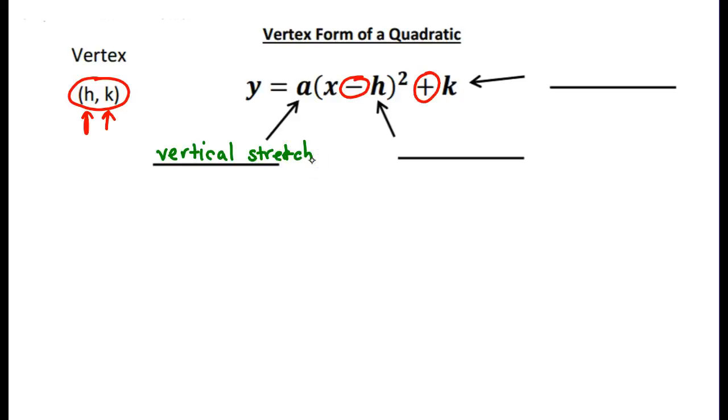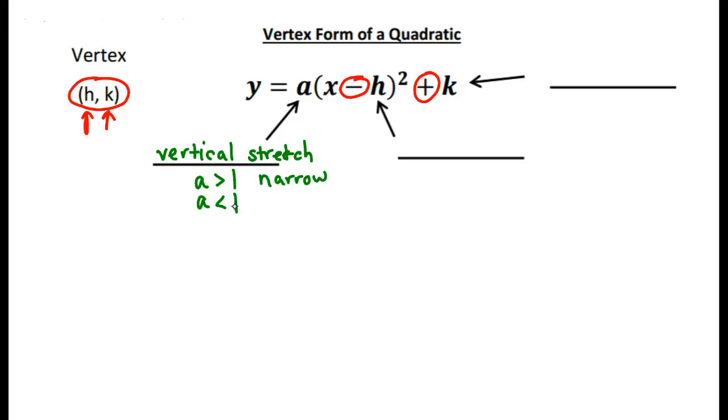Now there's a couple of different things to note here. A can be bigger than 1, and if it's bigger than 1, then you're going to have a graph that is going to get, or what appears to be, narrower. You could also have when a is equal to 1, that's just going to be part of your parent function. You could have a situation where a is less than 1, so it would represent a fraction.